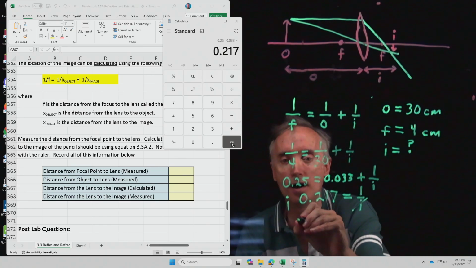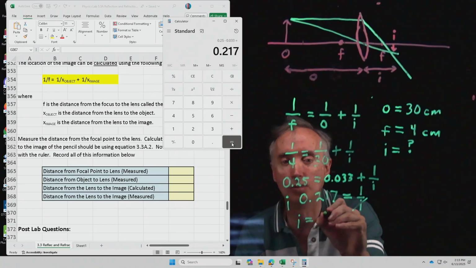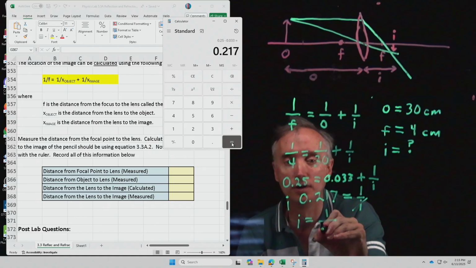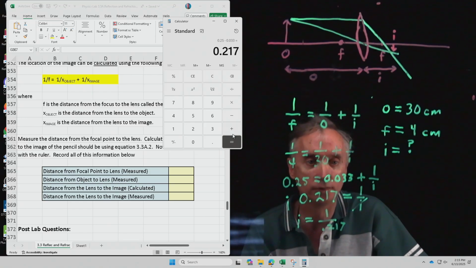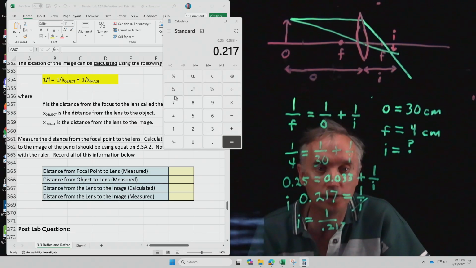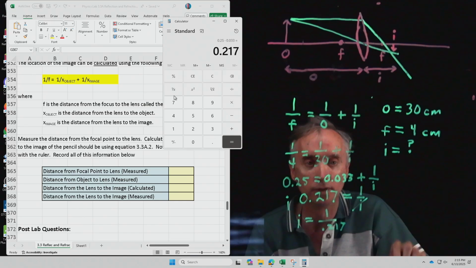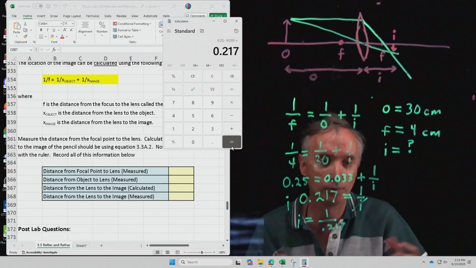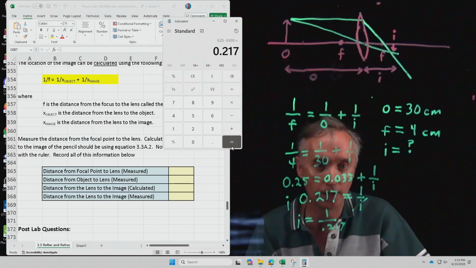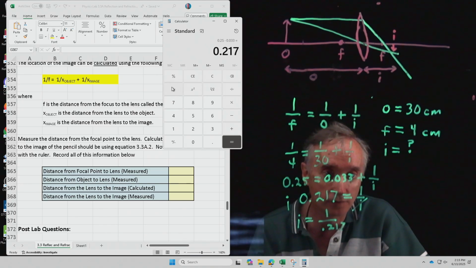So therefore I is going to be 1 over 0.217. So on my calculator, now you'll notice that I could do 1 and then divided by that number and then hit equals, and I would get my answer. So that's perfectly okay. But do you see this little button right over here? 1 over x.